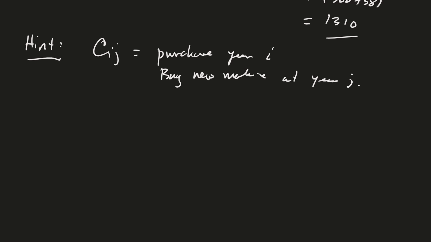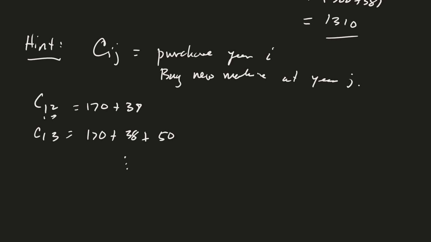For example, C11 wouldn't really make sense in this situation, right? But C12 would. C12 would be the situation where we're buying in year one, keeping it through year one, and then buying a new machine in year two. So that would be the 170 plus 38. Similarly, what would C13 be? That would be our 170 plus 38 plus 50, and so on.